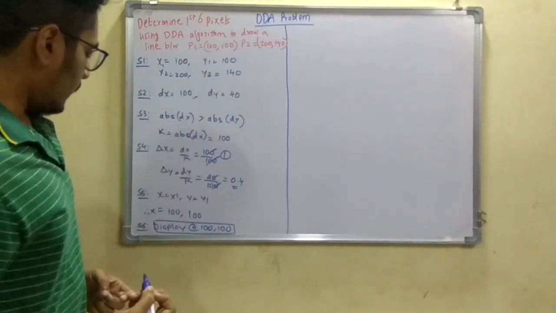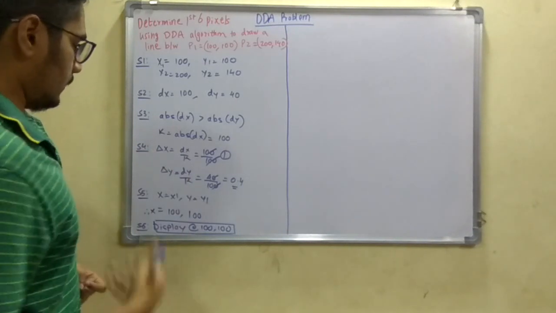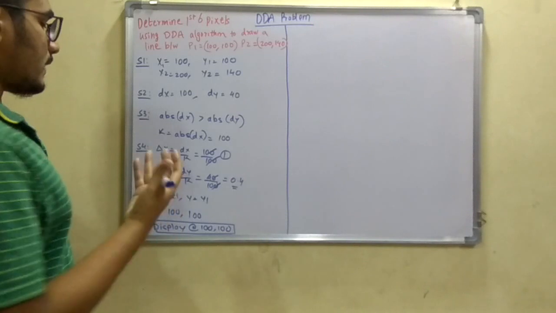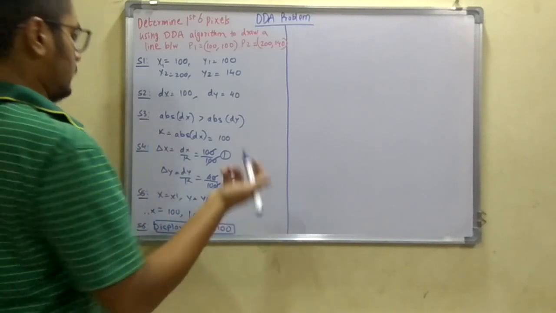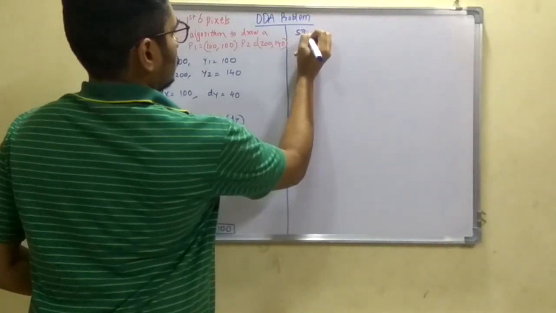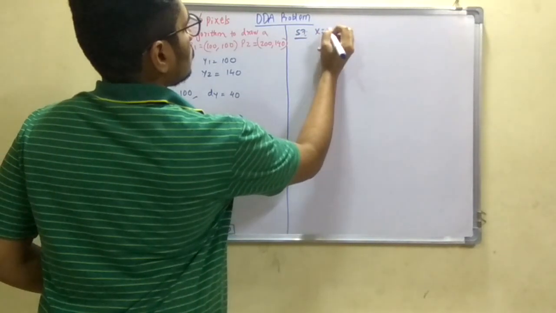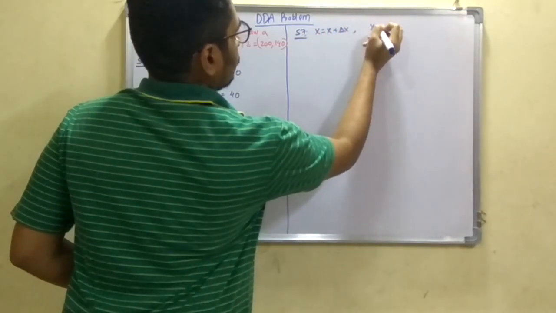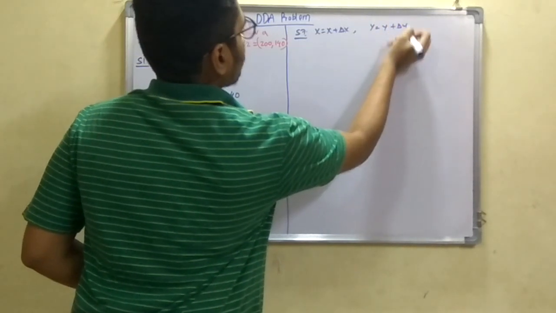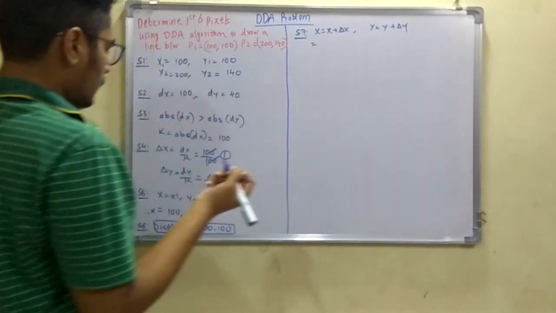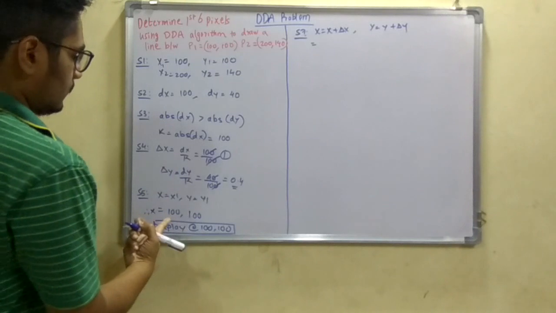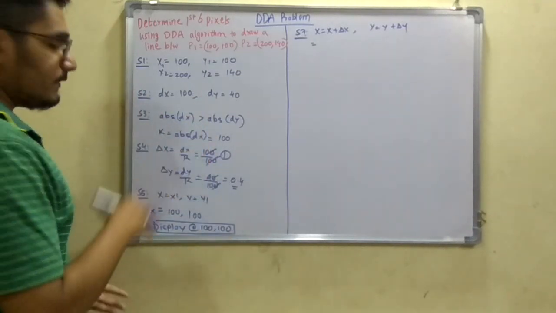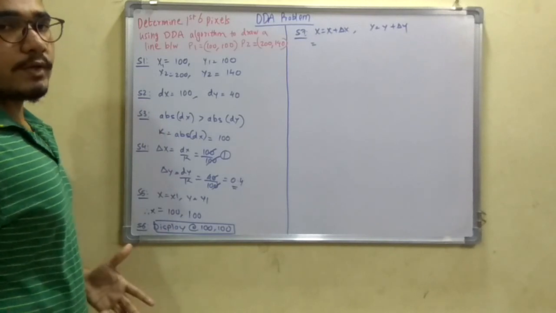Now we have to move to step 7. In step 7 you calculate the amount by which x and y will be incremented. So step 7 is calculating x is equal to x plus delta x. We want the new x and the new y. Mind you, you have to always take the x and y from the previous step, not the rounded off values.